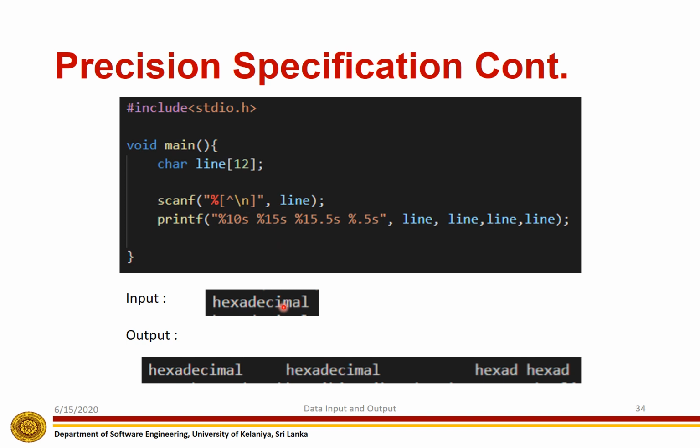The third one consists of five non-blank characters because of the precision of 5 and the minimum field width of 15. However, 10 leading blanks are added here to fill out the minimum field width specification of 15 characters.